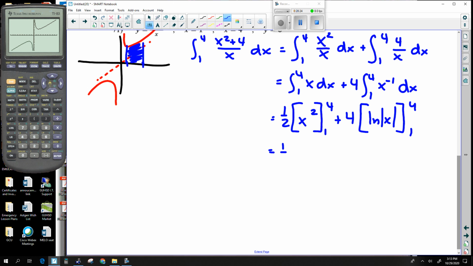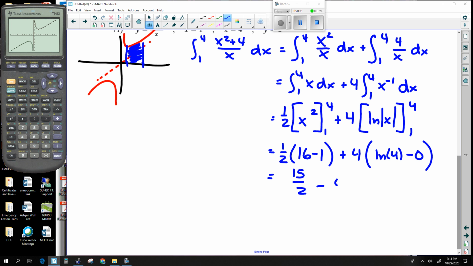So this is 1/2 of 16 minus 1 plus 4 ln of 4 minus 0. So this is what, 15 over 2 plus 4 ln of 4.